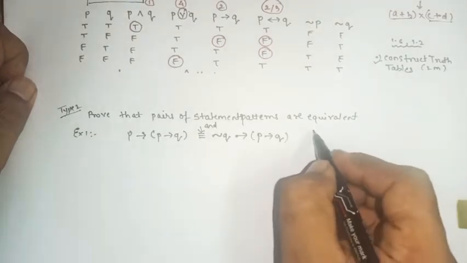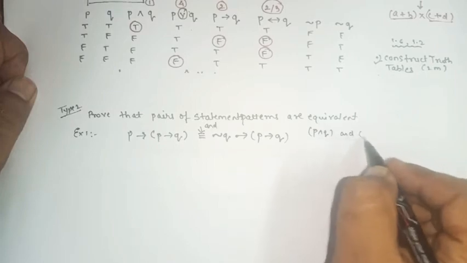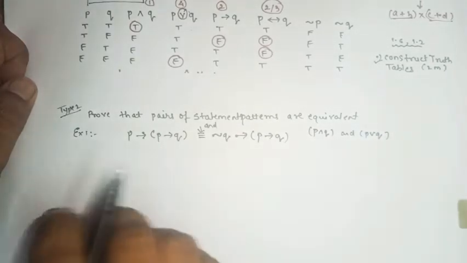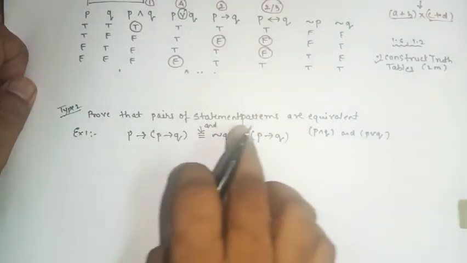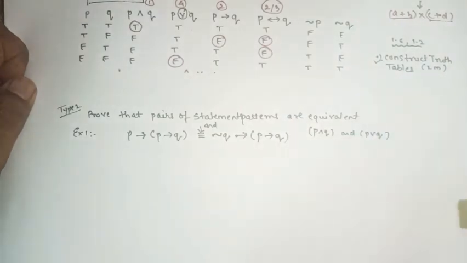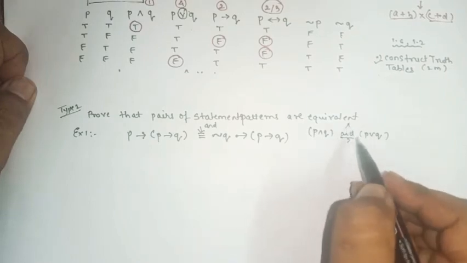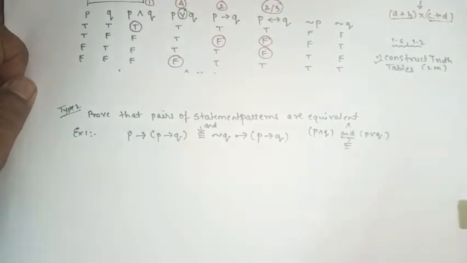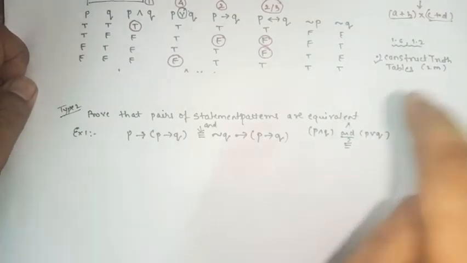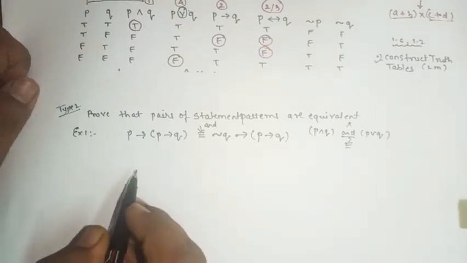Like suppose if I say P and Q and P or Q, and the question is prove that the pair of the statement patterns are equivalent. For this type of sum, this and actually is not this symbol, it is the equivalence symbol. Got the point? ये mistake नहीं करना है for this type of sum. Okay, chalo, we'll move on to the next.